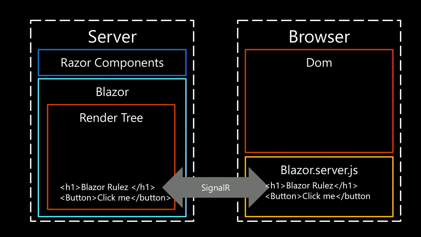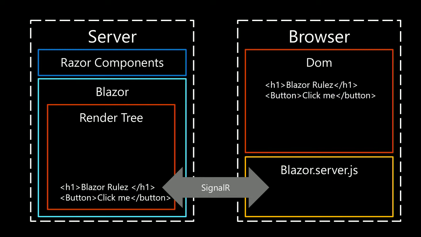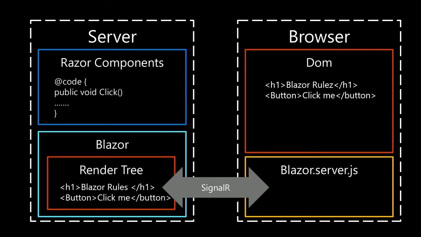The JavaScript is then going to update the DOM. If I press the button, that event is going to get triggered. It's going to send back to our server. The server is going to run some code, update the DOM, send over that change. In this case, we changed this Z to an S instead, and then update the browser.